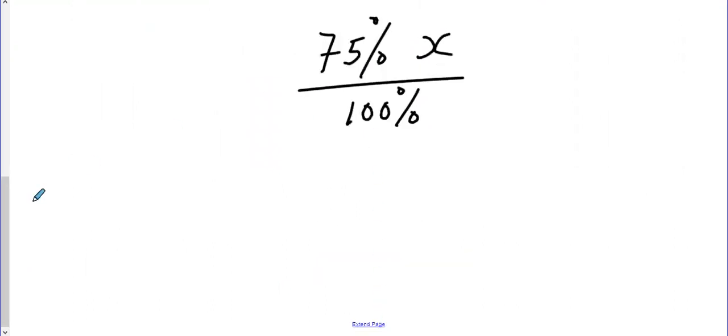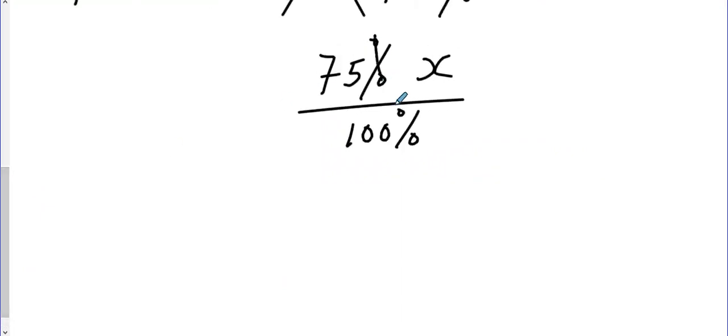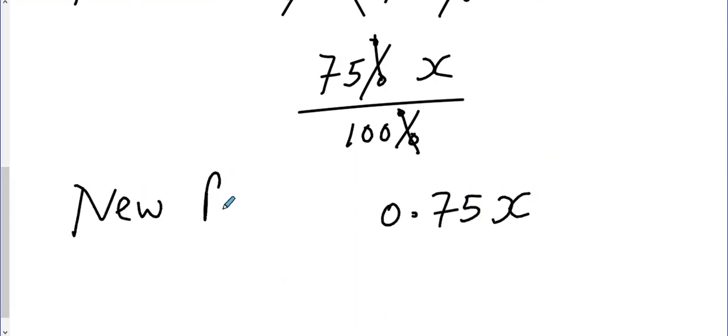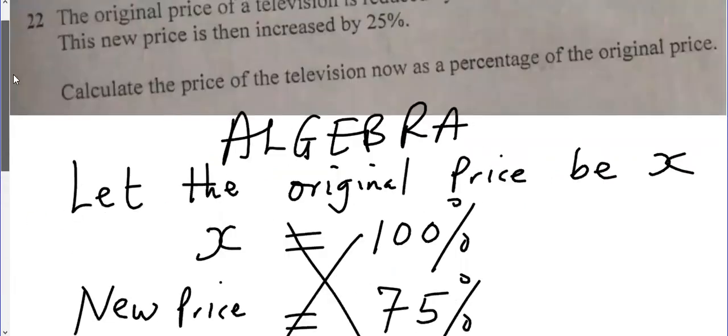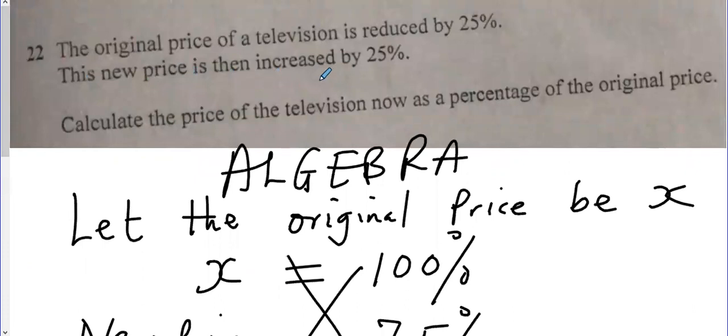So what do we have here? If you cross out the percentages, you end up getting 0.75X. This is the new price. Now if you read the question, this new price is then increased by 25%.